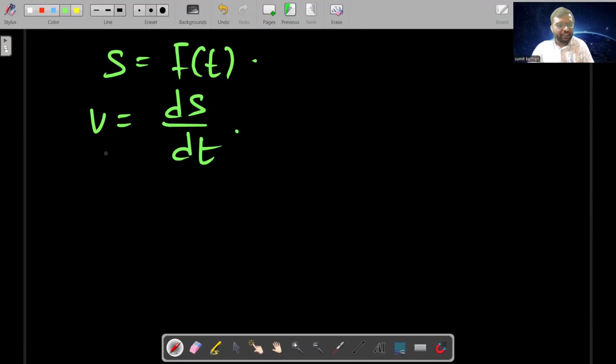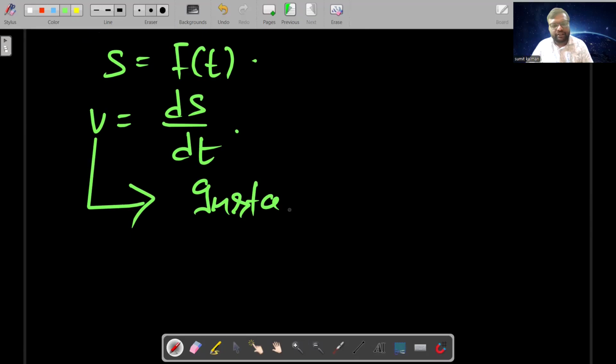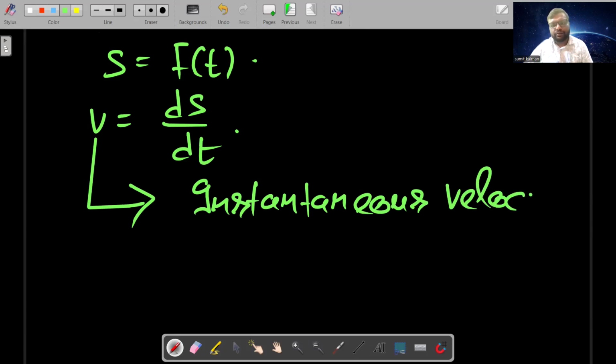And students, here we have obtained velocity, and this obtained velocity is called instantaneous velocity, that is, velocity at a particular instant t.